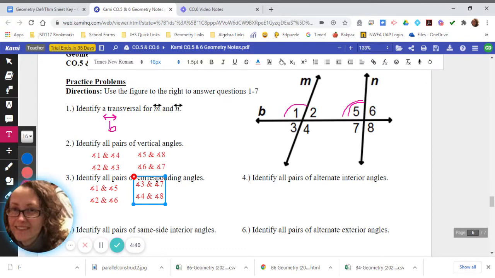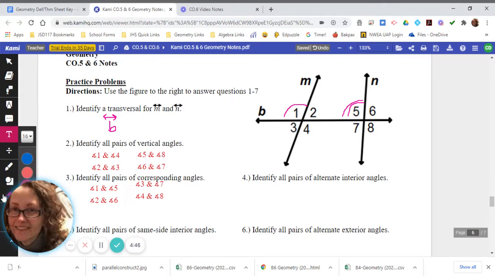So question 4 wants me to identify all pairs of alternate interior angles. So let's go ahead and use our eraser here. Let's get rid of these marks so that I can have a clean slate since I'm working off of a different definition. So alternate interior angles, I want to be inside these two lines.